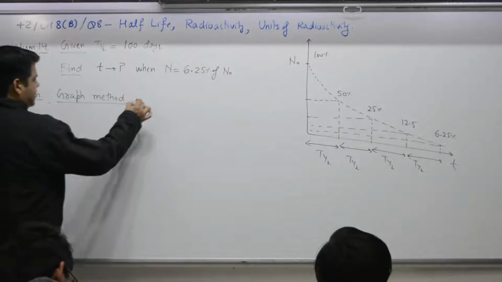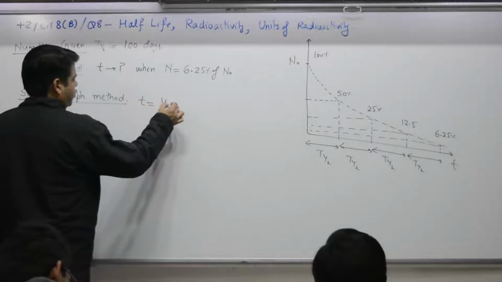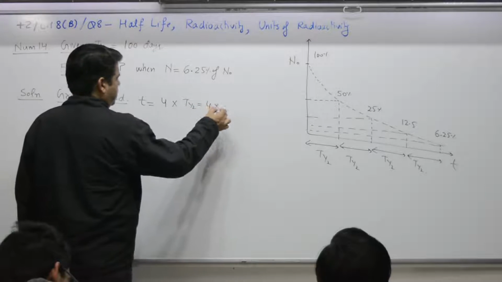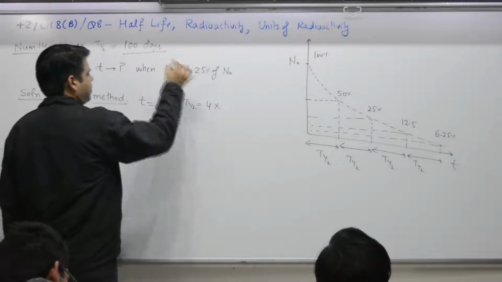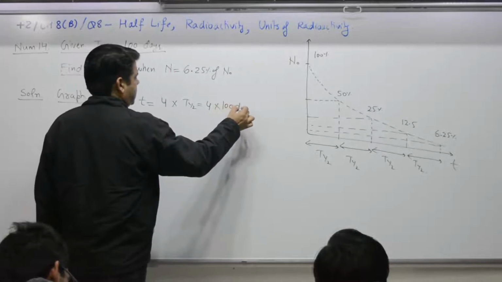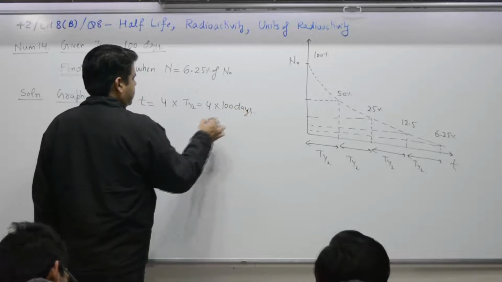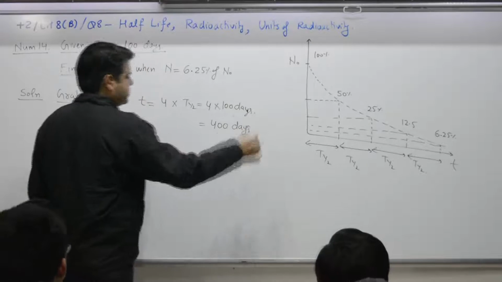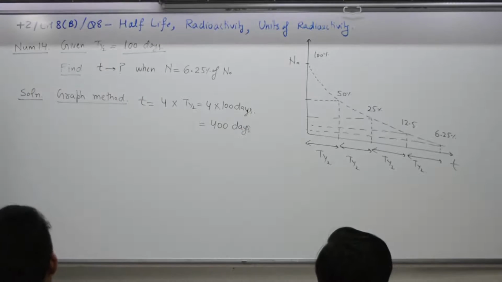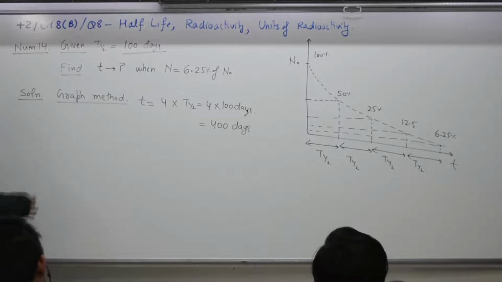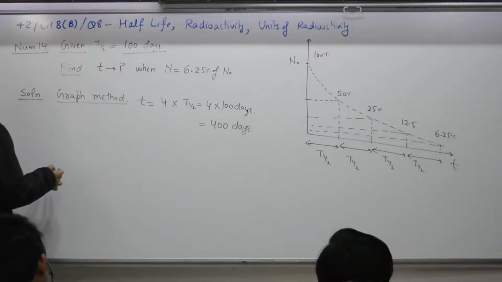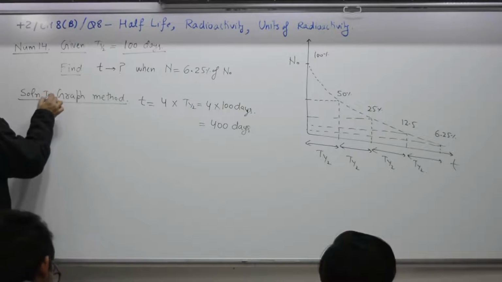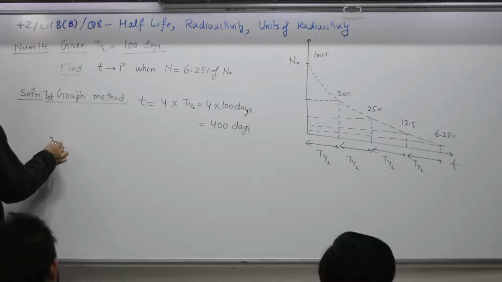So time is equal to what? 4 half-lives. 4 into, yes, one half-life is how many days? 100 days. The answer is 400 days. This is one method. Second is your mathematical one.